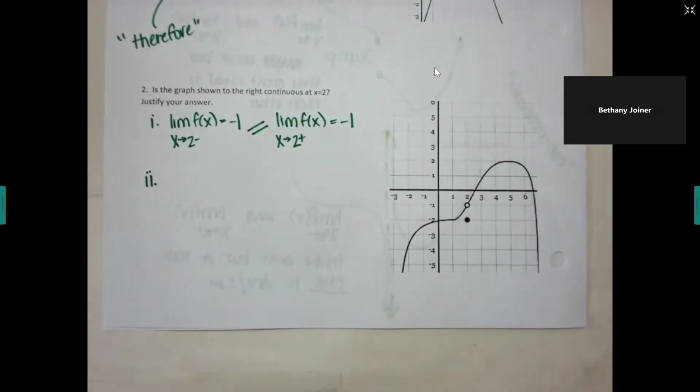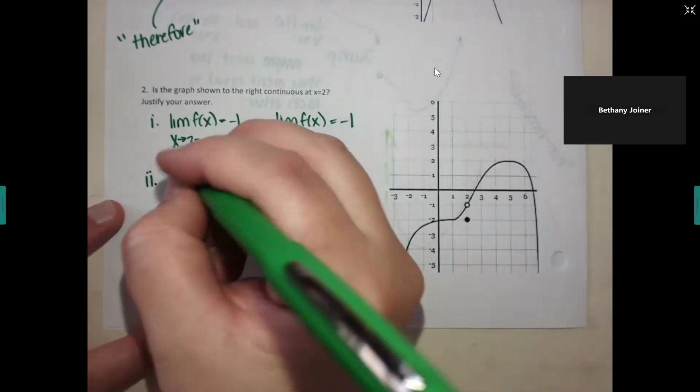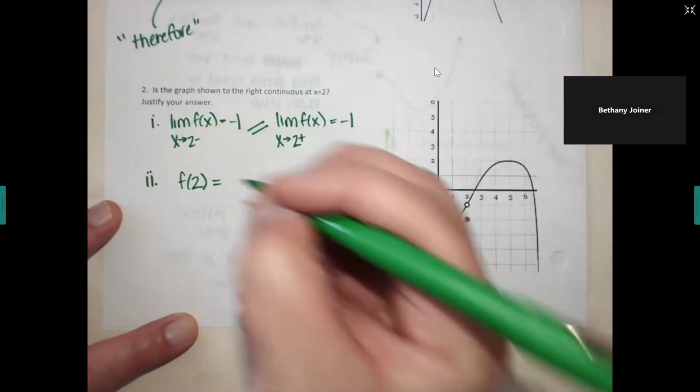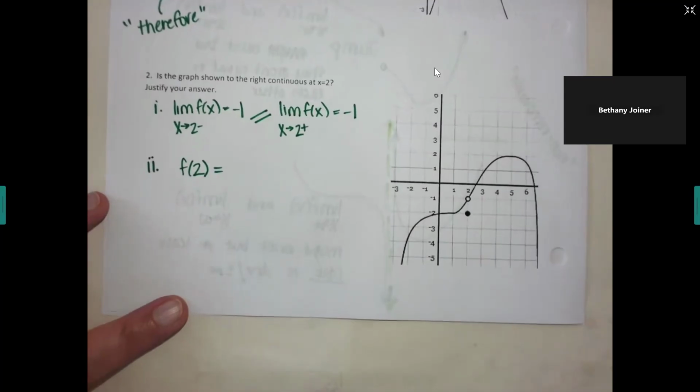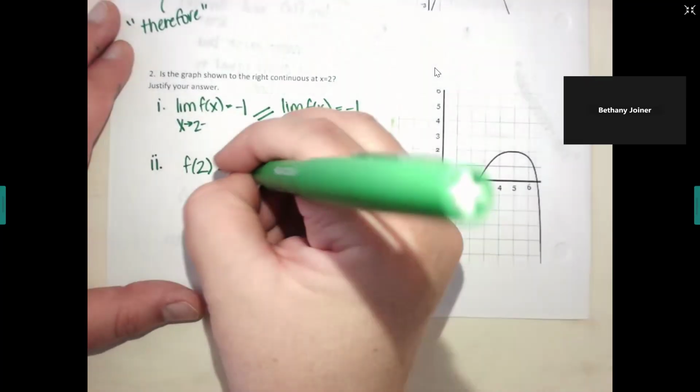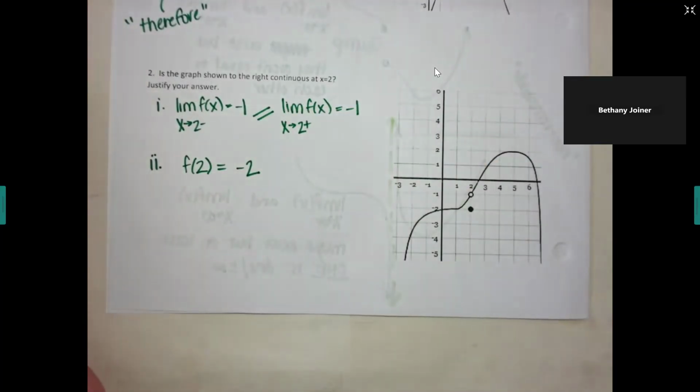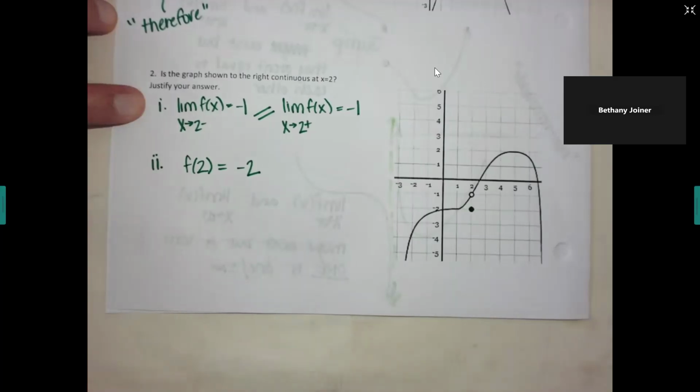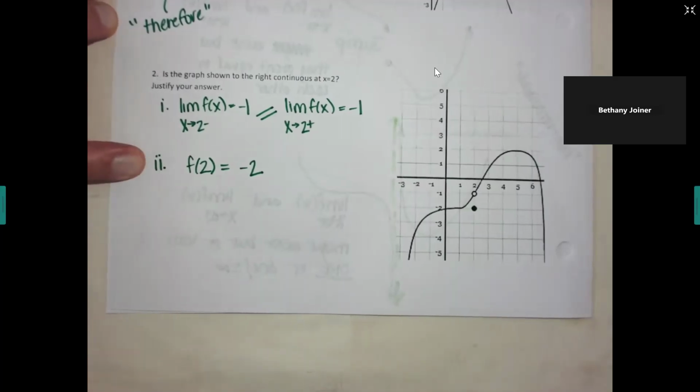Condition 2 means that there should be a defined y value, which will be indicated on the graph by a closed circle. So write f of 2. You can't just say it's defined, you have to give the value. So if I go to f of 2, where is my closed dot? -2. So conditions 1 and 2 were met. Condition 3 is that the limit and the y value had to equal the same thing. Did they? No. So I'm going to state that and then give my conclusion.